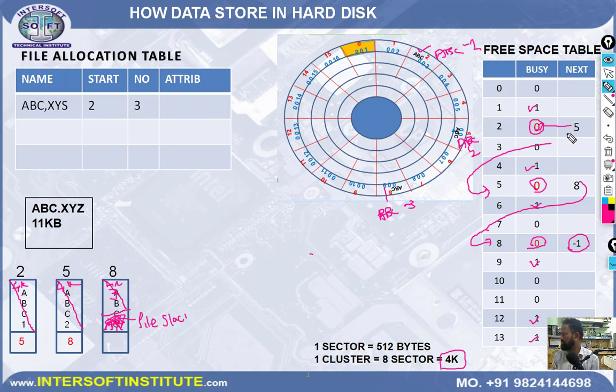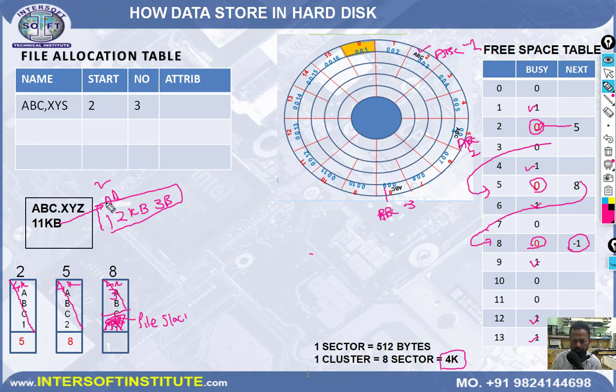Okay, next. So this is the first step. We write the file abc.xyz, which is 11 KB. In the hard disk it occupies 12 KB, but the file size is 11 KB, because it occupies 3 blocks, and 3 blocks is equal to 12 KB. So it is stored in the hard disk as 12 KB, but originally its size is 11 KB.